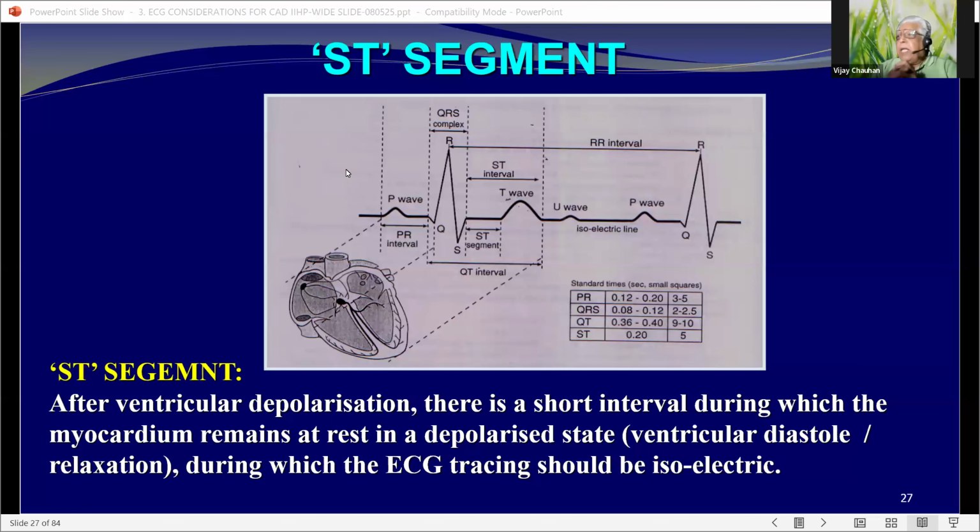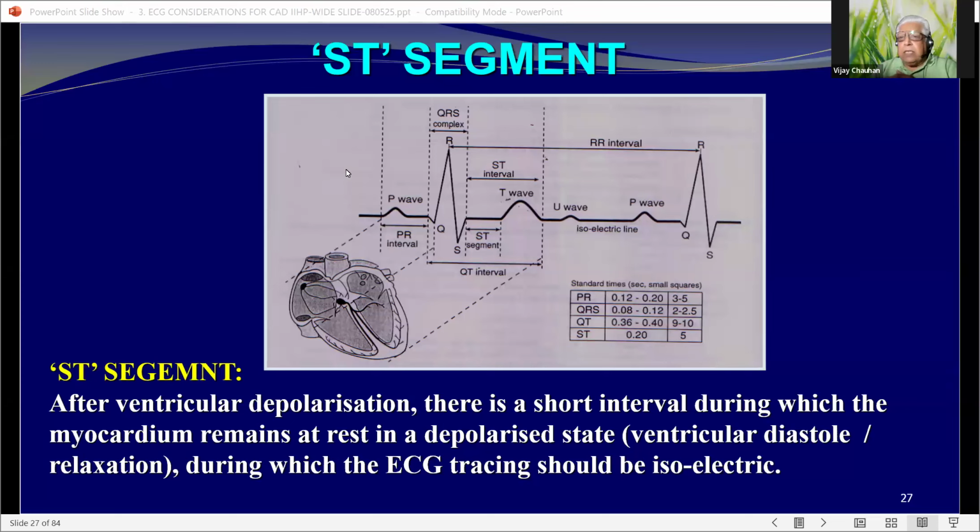At this point of time, this slide is depicting certain cardiac events which take place in a cardiac cycle, and that cardiac cycle, which involves systole and diastole, has certain electrical activities.